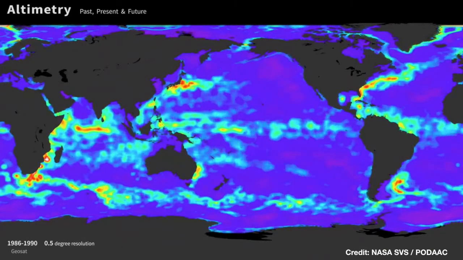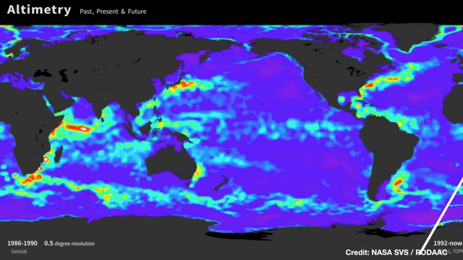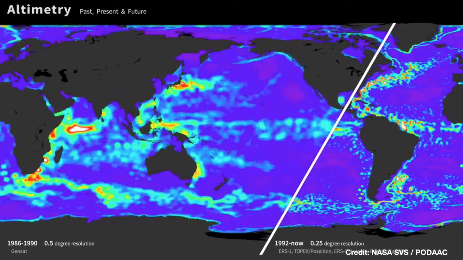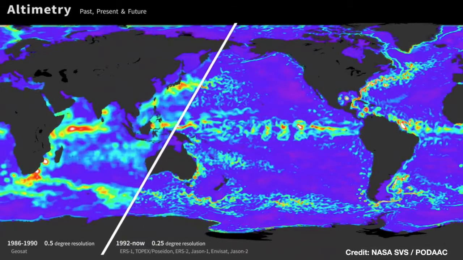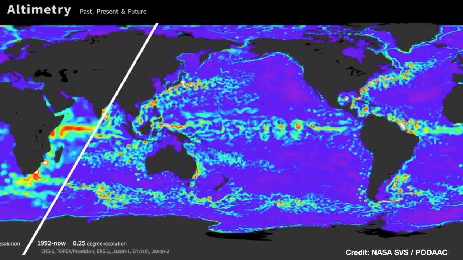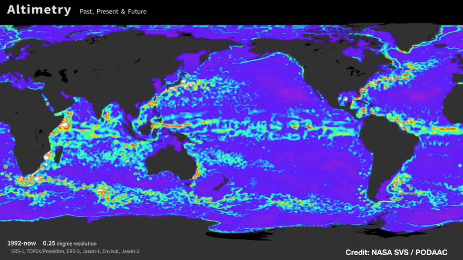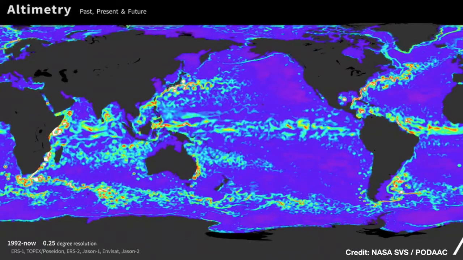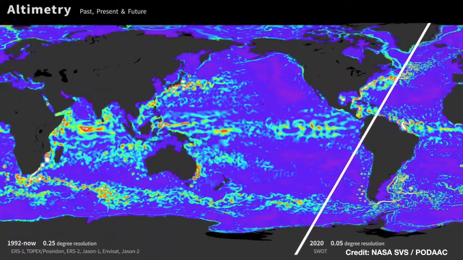Again, we're looking at ocean surface currents, and as we upgrade to the latest generation of altimeters, it's like we're taking the fog off of our glasses and seeing more and more detail about these currents. The SWOT mission that I'm part of is going to be launching a satellite that's going to go even beyond. Now we're going to see a simulation of what we might expect to see, and it's going to get even sharper.